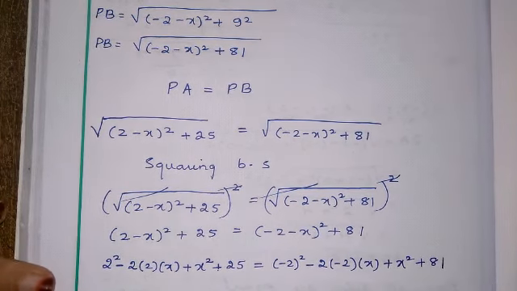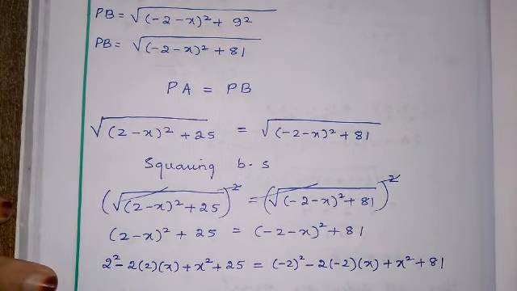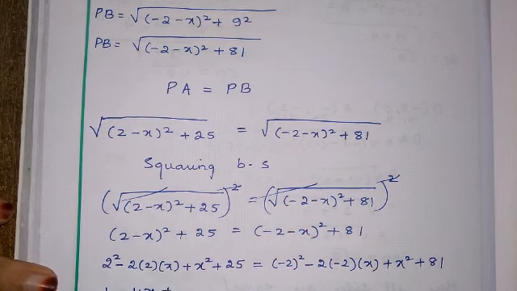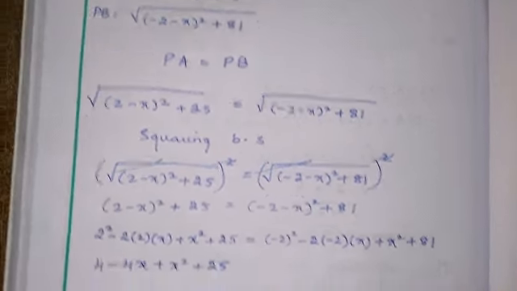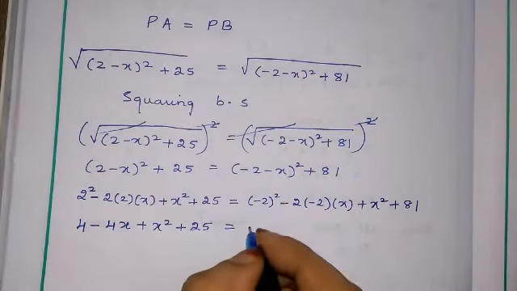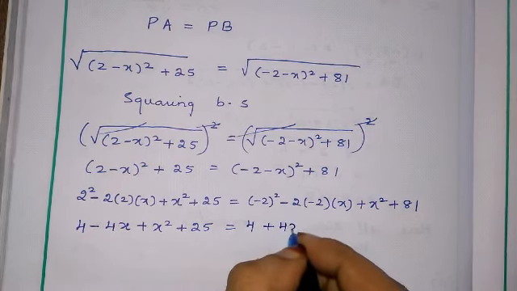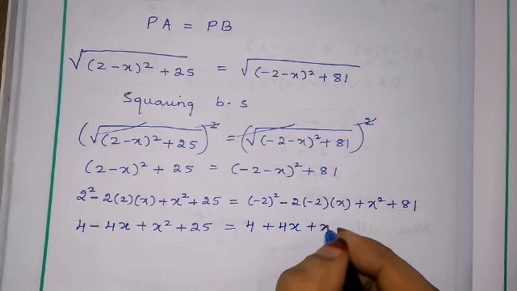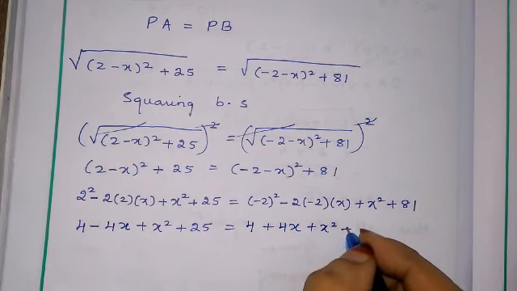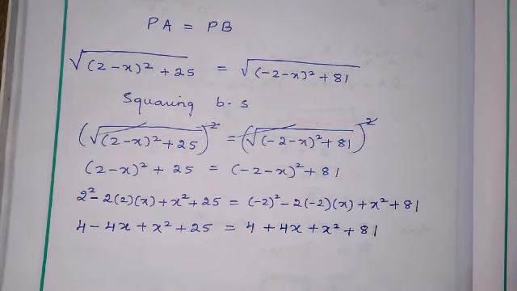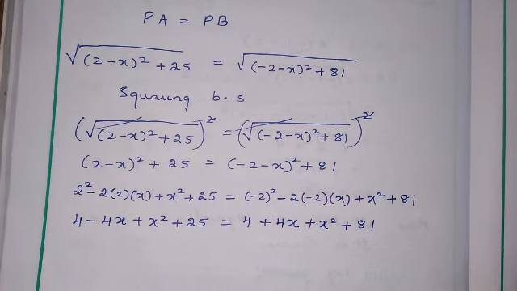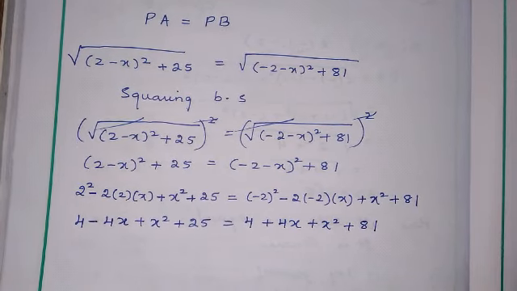Now let us solve. 2 square is 4, 2 2s are 4x, plus x square plus 25. This side, 2 square is 4, plus 2 2s are 4x, plus x square plus 81.